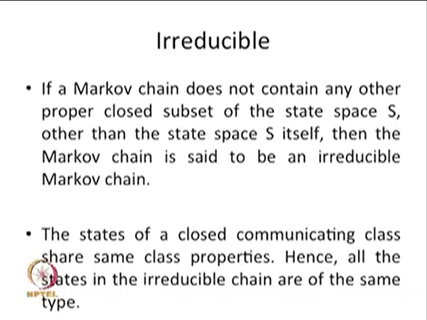Whenever the state space cannot be partitioned into more than one closed set, that means you can have only one closed set, and that is the same as capital S. All the elements in the state space form only one closed set. In that case, that Markov chain is called irreducible. Irreducible means you cannot partition the state space.